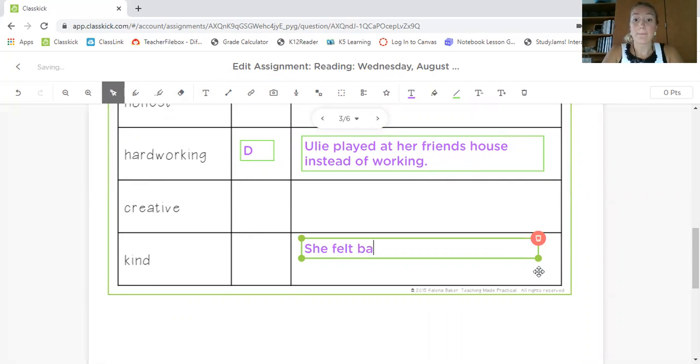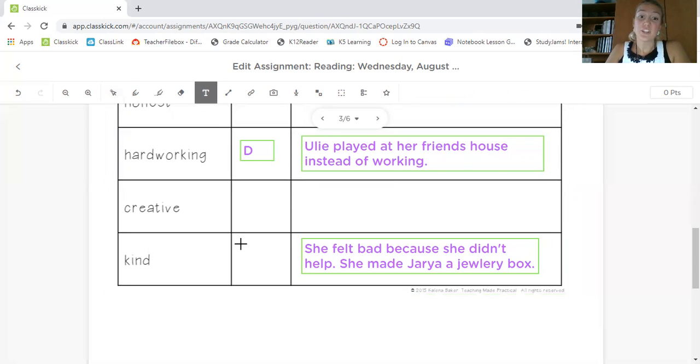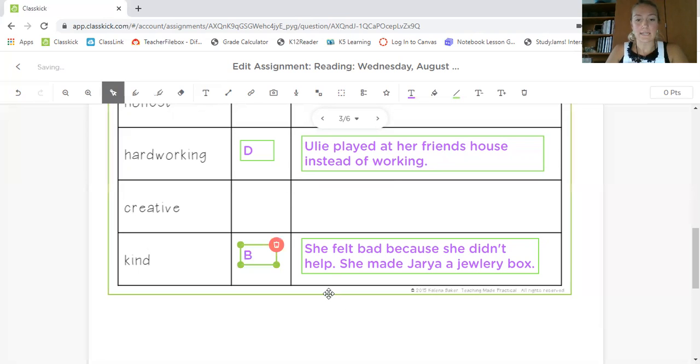She felt bad because she didn't help. She made Jarya, and I made sure to capitalize that because that is a name and we capitalize names. She made Jarya a jewelry box. And I think that is kind of kind because she also left her sister, so I don't think I'd give her an A. She'd probably get a B for kindness.